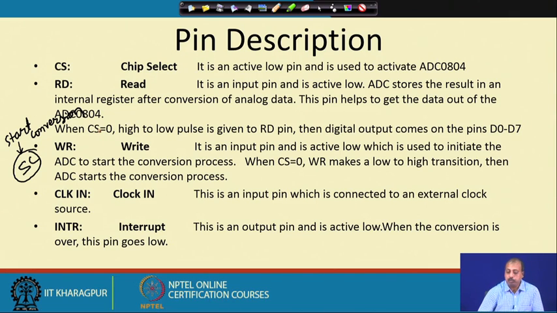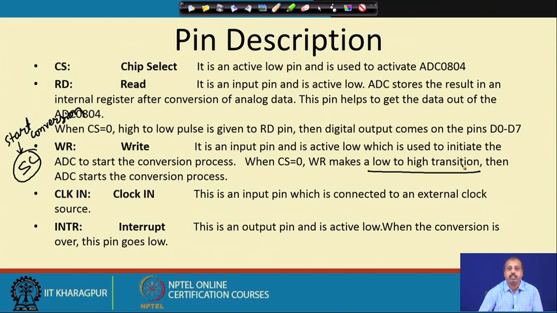So, if a high to low pulse is given onto this write pin and then we make a low to high transition on it, then this ADC will start converting. Once the analog signal has come, the microcontroller should tell the ADC to start doing the conversion, otherwise there is no point converting all the values that are coming onto the analog line.